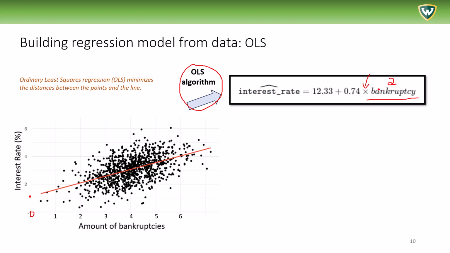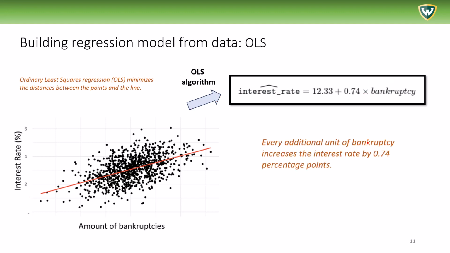So the built model is open enough for us to be able to predict different interest rates at different levels of bankruptcy. And that's kind of the beauty of it. And that's why it can be used in multiple different contexts.